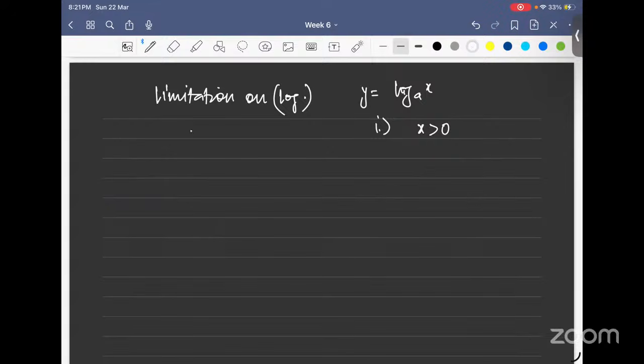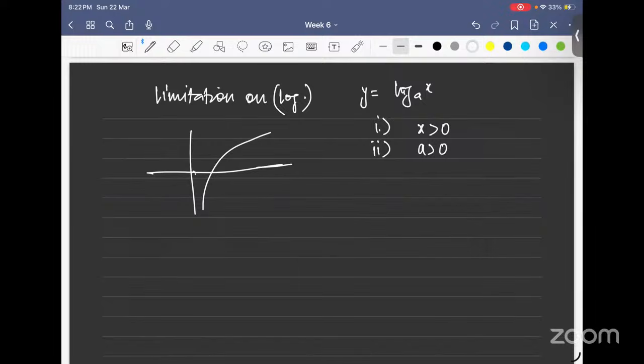When we were discussing the log function, this is how you represent it, and you can see that the domain, the x value that you can put, is from 0 to infinity. So that's how the first condition came. The second thing is that a should be greater than 0, so the base can't be negative.